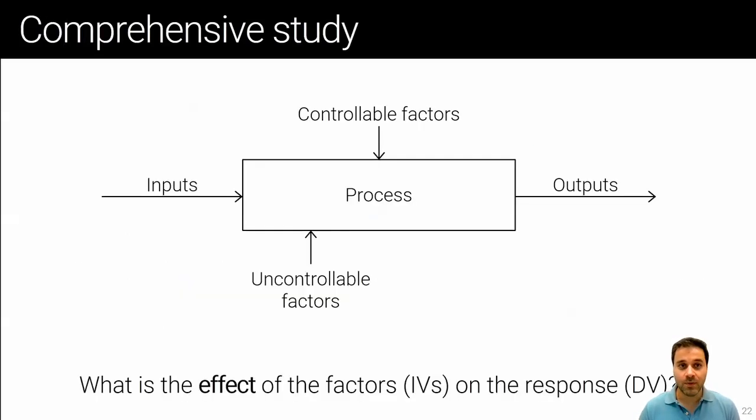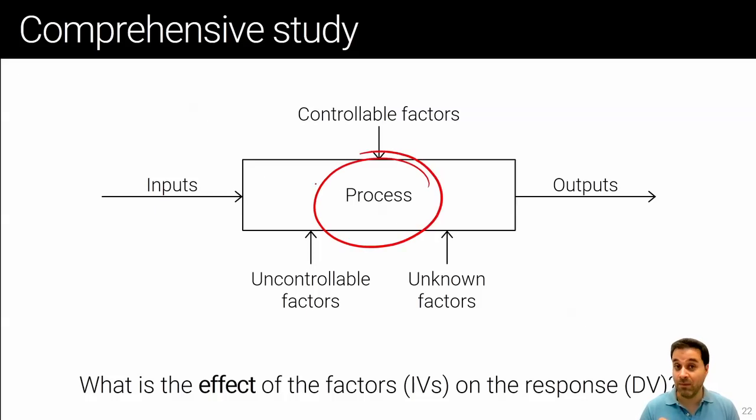And so when we have this comprehensive study we were talking about, where we make the distinction between factors we can control and factors we cannot control, we also think about factors that we don't know about, so unknown factors: things that we just don't know are there, and they are actually playing a role in the process, and they might even be fundamental. And so it's not so much about what is the effect of the factors on the response.